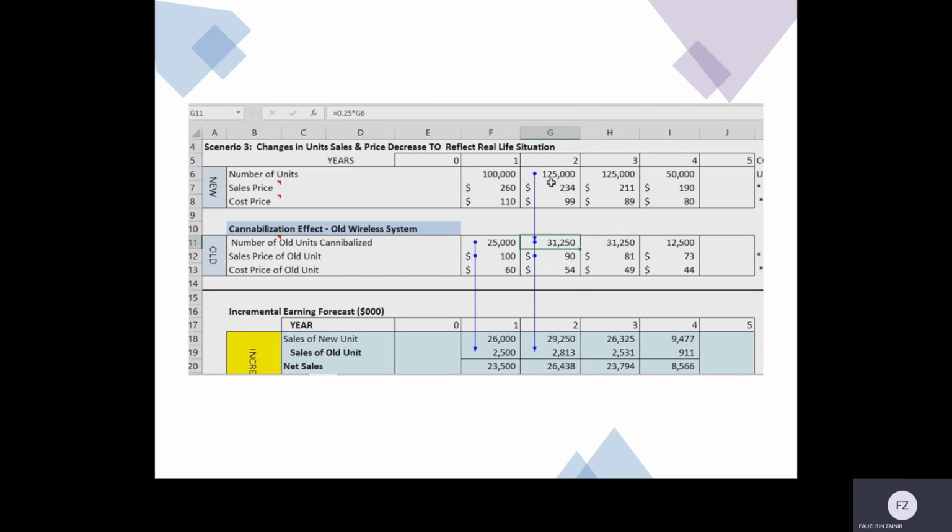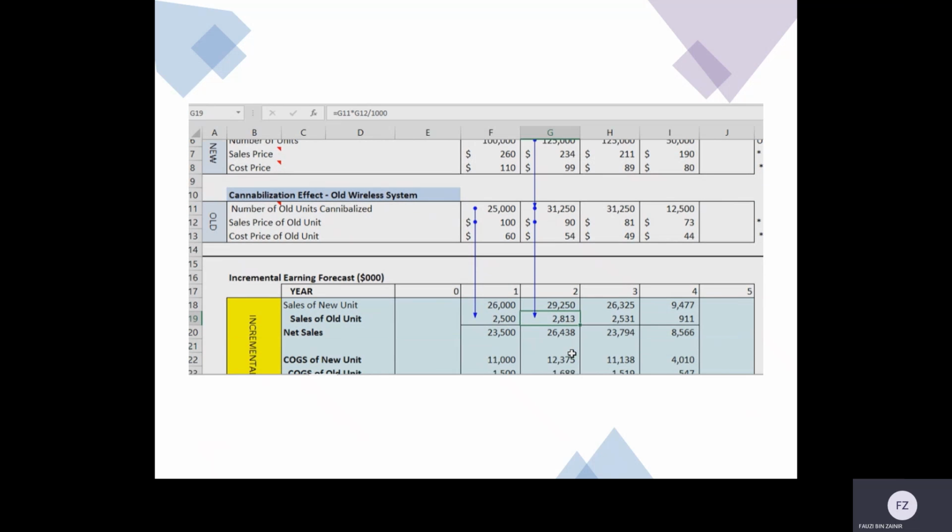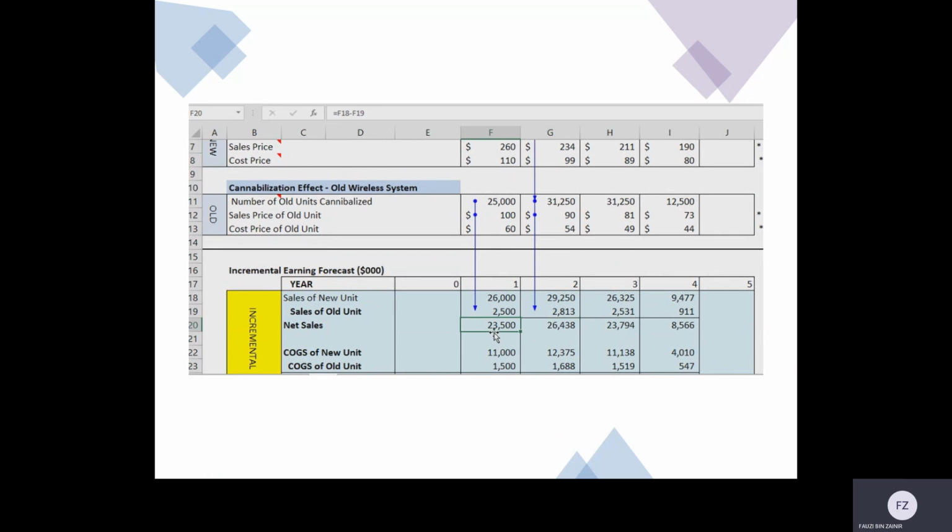So this is 25% of 125,000, that is 31,250, times the old price, which has decreased 10%. But in aggregate compared to last year, it has increased. The net sales impact for year 1 is 23.5 million, and for year 2 is 26 million. So you can see there's an increase, and then year 3 and year 4 have decreased, with year 4 much decreased.